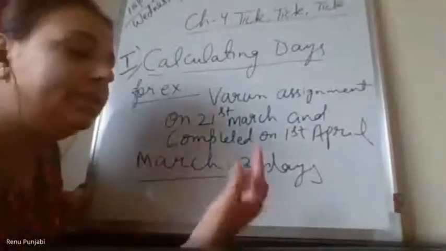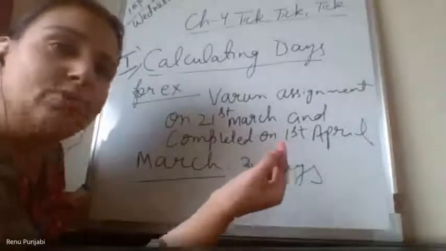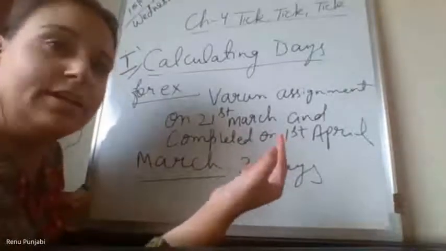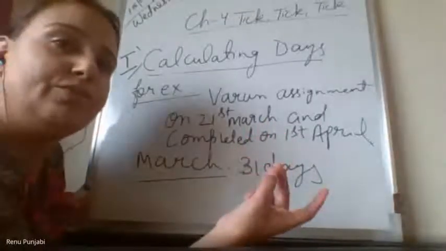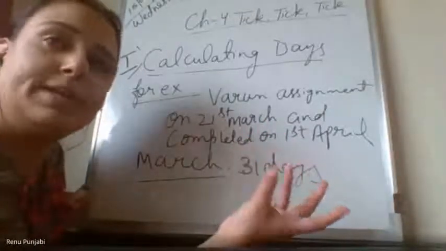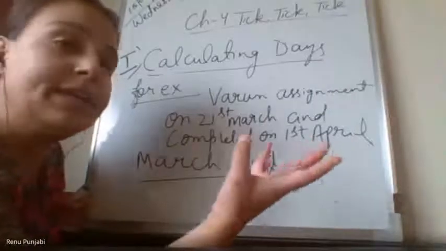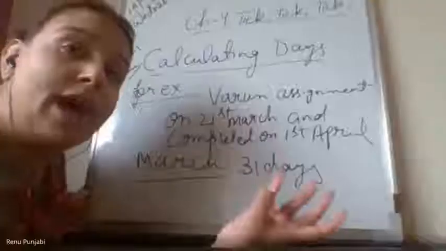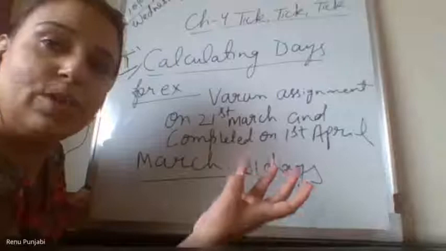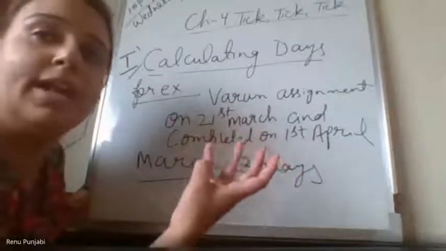21, 22, 23. You all know how to count. So 21, 22, 23, 24, 25, 26, 27, 28, 29, 30, and 31 will also be included. So how many days? Very good, Parinika, Lakshya. Yes, smart children.